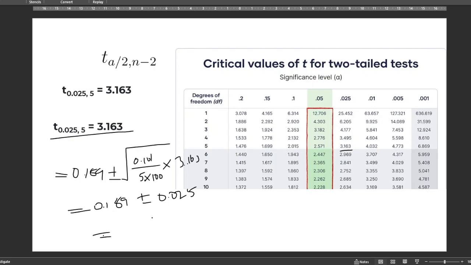That can be between 0.189 plus 0.214 to 0.164.